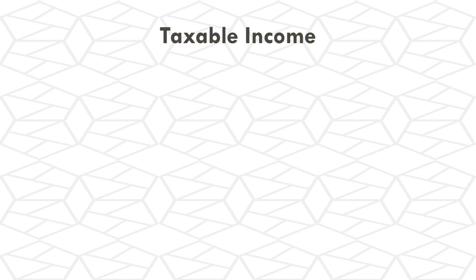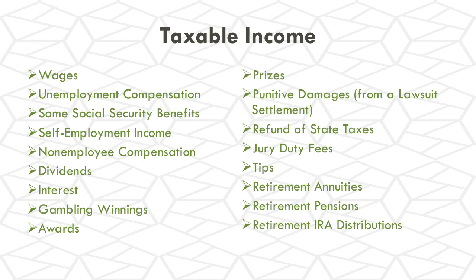As you should remember from the tax terminology section, not all income is going to be considered taxable income. So taxable income is going to be any income that is subject to federal income tax, and it includes wages, tips, interest, alimony, IRA distributions, non-employee compensation, self-employment income, gambling winnings, jury duty fees, refund of state taxes, lots of things here.